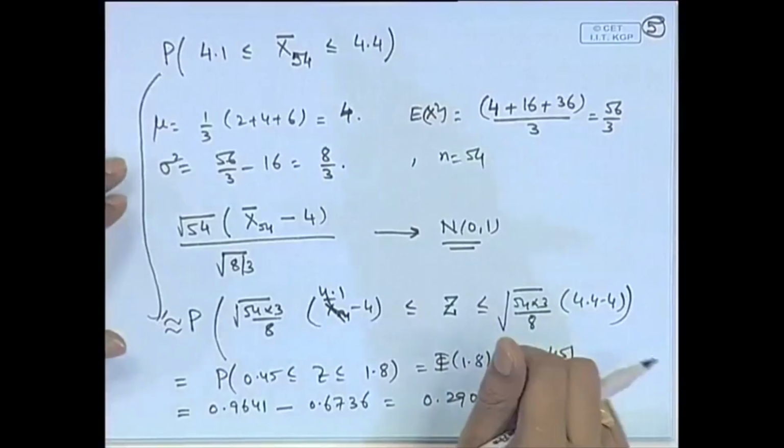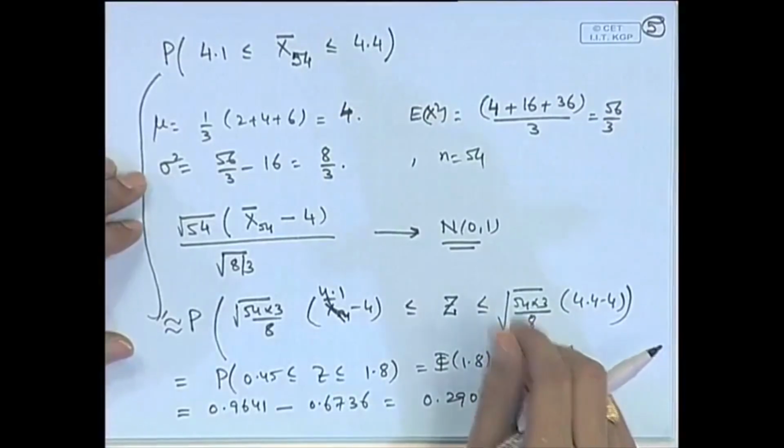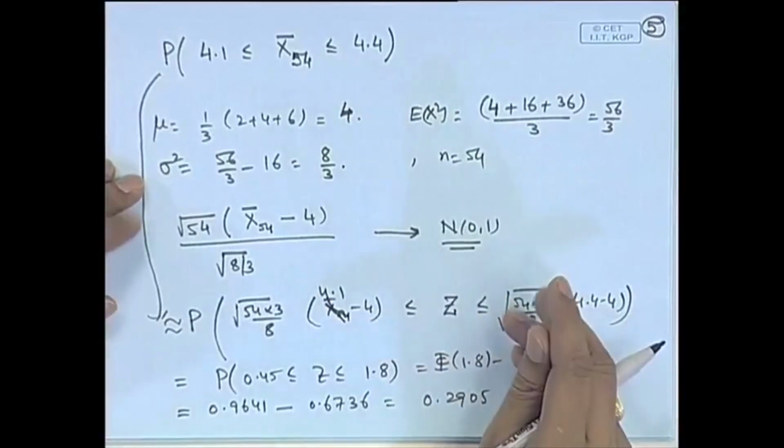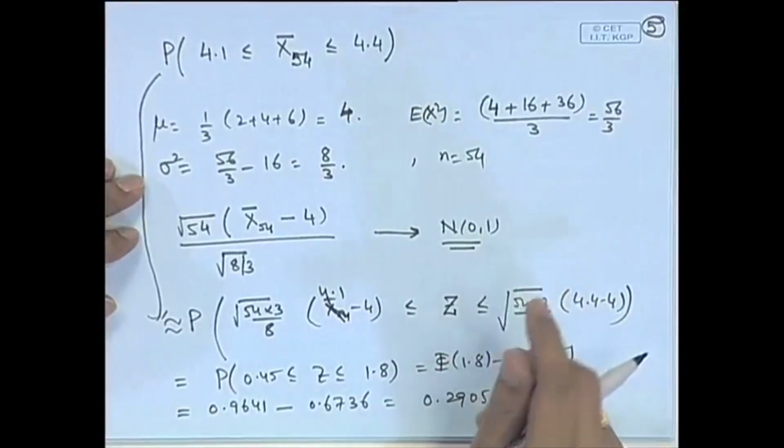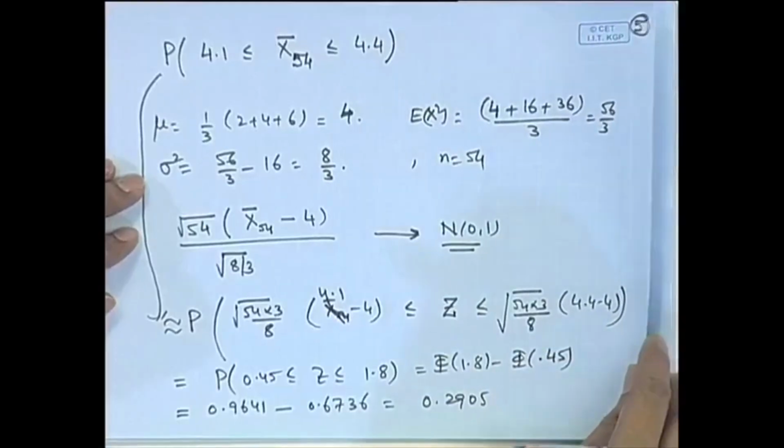So, if we take 54 such observations and try to find the actual distribution, that is very complicated, and here using the central limit theorem we easily get an approximate value. 54 is in fact a large sample size, and therefore this approximation will be quite good.